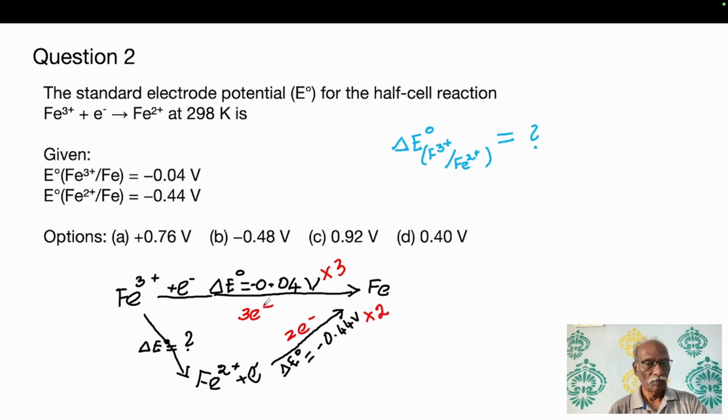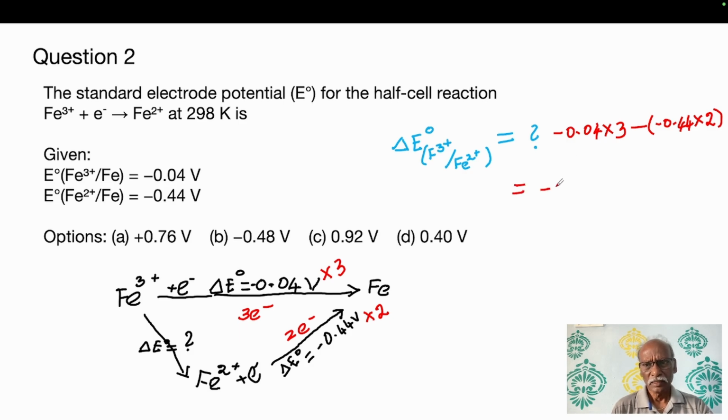Now, if you substitute, what do we do here? Find the value of this minus this. We get this. Now, what to write here? Minus 0.04 into 3, minus here minus 0.44 into 2. You will be getting the answer.